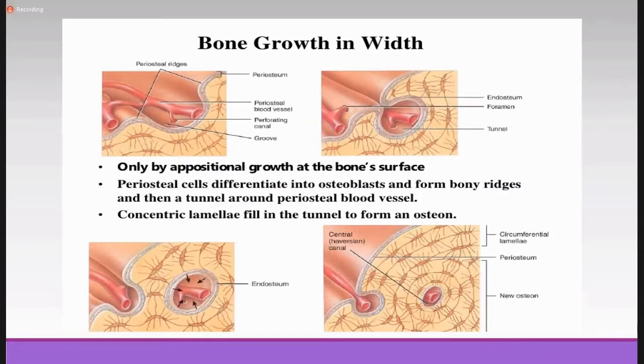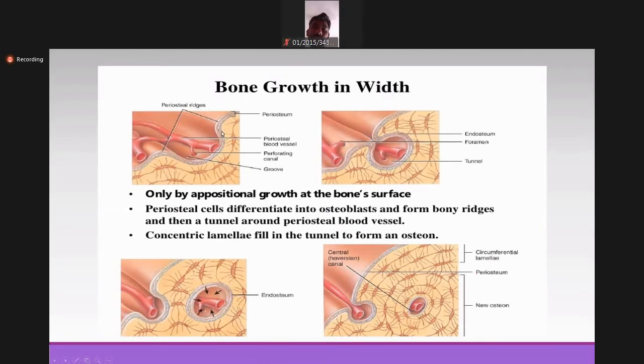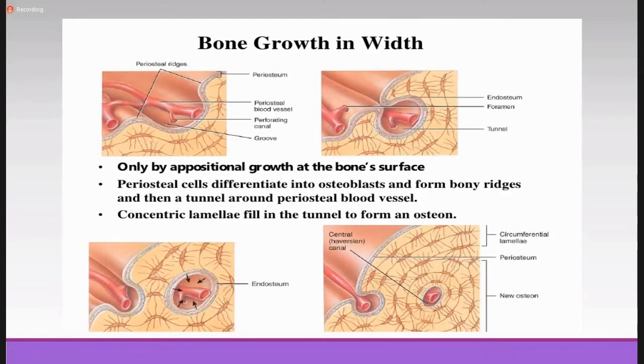The growth of the bone in breadth is the appositional type of bone growth at the bone surface. So now these are the osteocytes. What happens is that the periosteal cells, the cells at the periosteum, will differentiate into osteoblasts and form bony ridges. These periosteal cells will differentiate into osteoblasts, and they will form a tunnel-like structure, or they will unite together, meeting over a blood vessel.